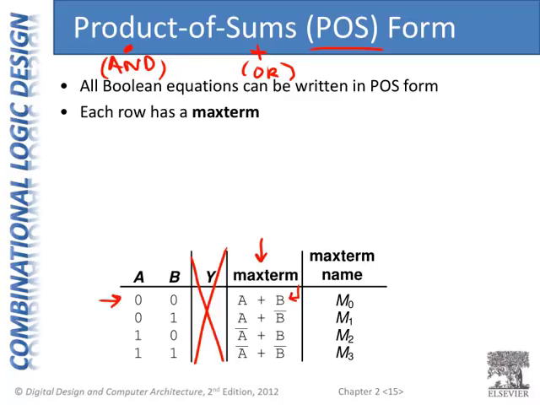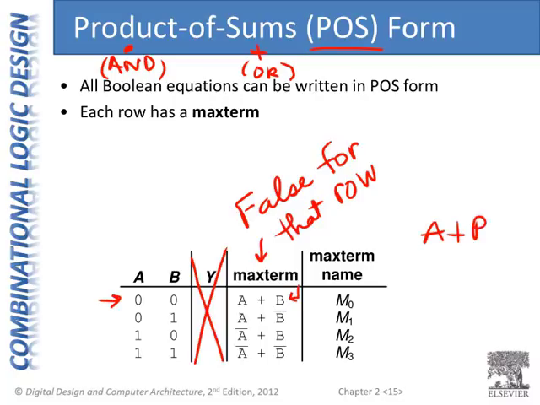And that max term is false for its associated row, and turns out only false for that row. So it's true for any other input combination. So we can look at the A or B. For the 0, 0 combination of inputs, yep, 0 or 0 is in fact 0. Check, it's false for that row.